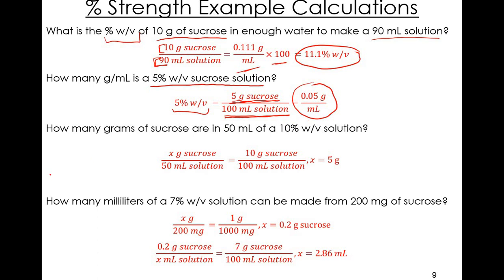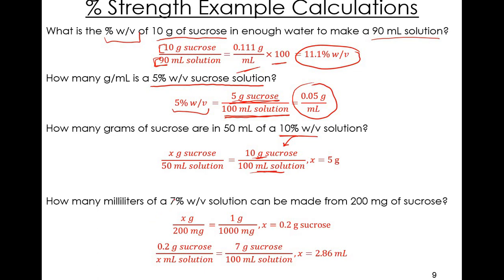In the next problem, how many grams of sucrose are in 50 milliliters of a 10% weight per volume solution? The first thing we can do is convert the 10% into its fraction form so that it's easier to deal with. It tells us there's 10 grams of sucrose on top, and 100 mils of total solution on the bottom.